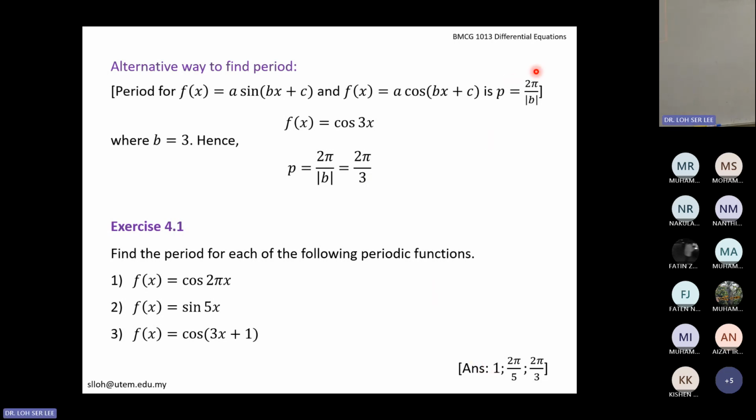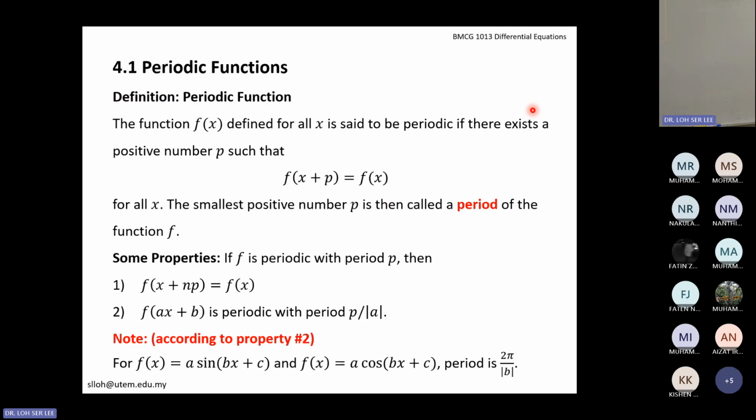Because cos is a periodic function, the period will be 2 pi over b. We use this property. We know that f equals cos x is a periodic function with period 2 pi, so cos 3x will have a period of 2 pi over 3. We are making use of this property.